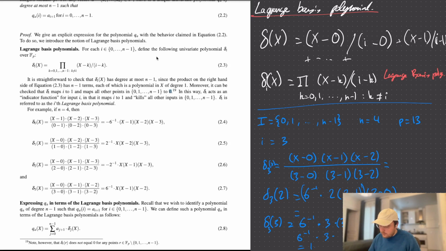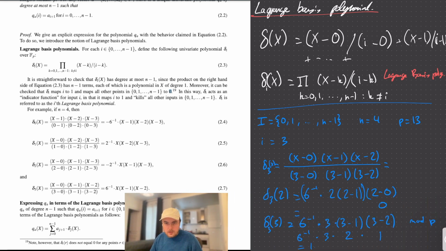Oh yeah, let me redo this: 6 minus 1 times 3, which is x, this is 2, this is 1, and then everything here is a 6, so it's 6 times the multiplicative inverse of 6, which is 1. So you guys are right.